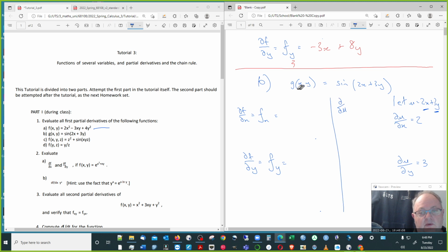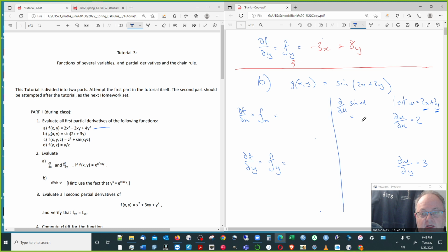Because it's too hard to write g in terms of u, I could write g of u, but it'd be dg du. I could put g there with respect to u, but then you might ask, well, where's the x and y gone? So in this case here, we can just not worry about it at all and just do the derivative of u. So that makes that nice and neat.